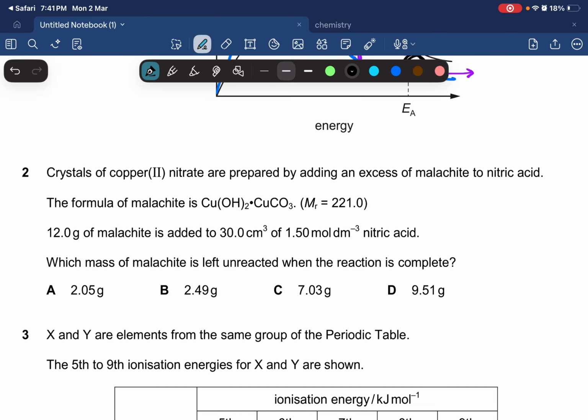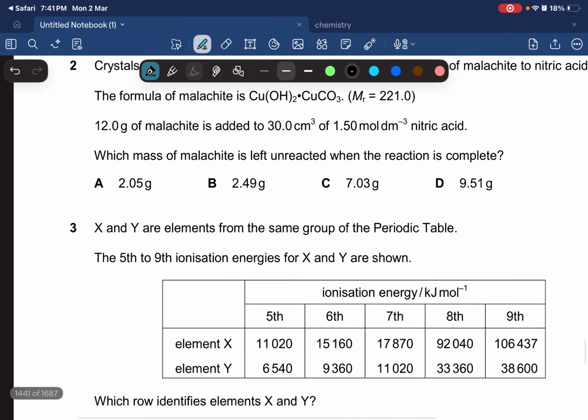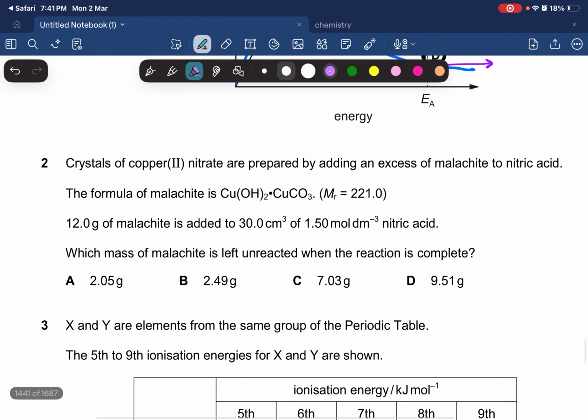Crystals of copper 2 nitrate are prepared by adding excess malachite to nitric acid. So you have malachite, and you're adding it in excess to your nitric acid. The formula of malachite is Cu(OH)2 and CuCO3.